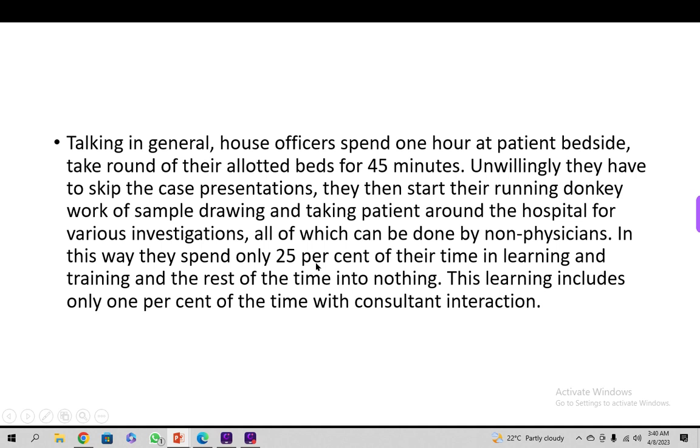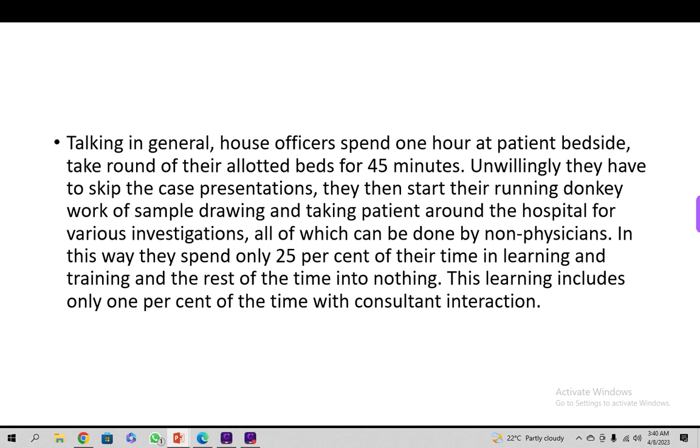This is a dilemma. Talking in general, the officer will spend 1 hour at the patient bedside, taking a round of their allotted beds for 45 minutes. Unwillingly, they have to skip the case presentations because they are attending the rounds and collecting the information. So they skip the case presentation.